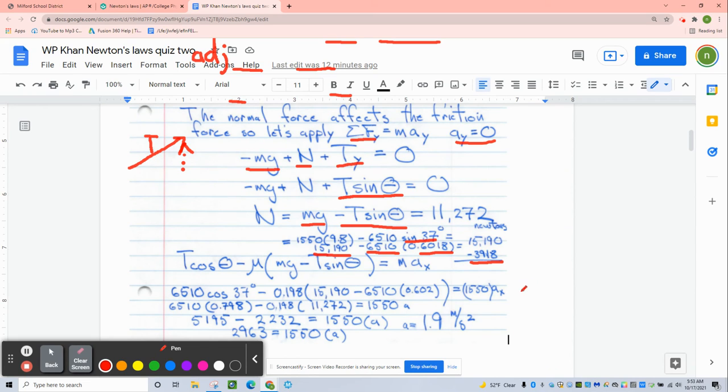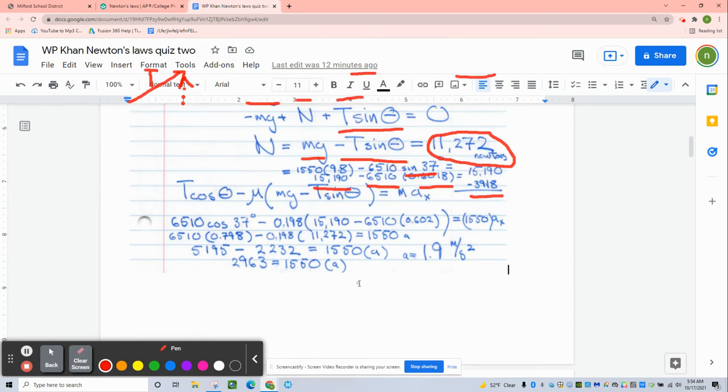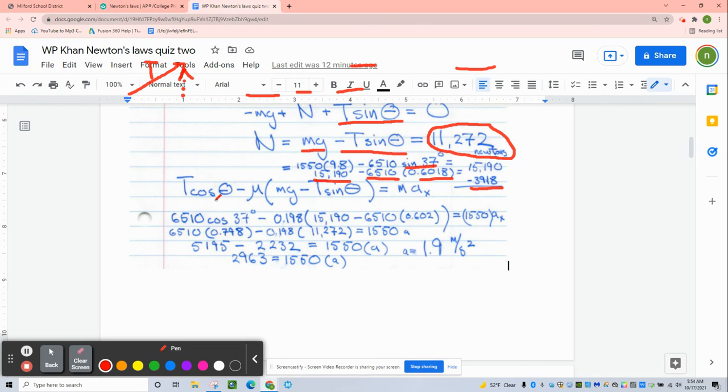And then we simply find the sum of positive 15,000, negative 3,900, and that provides us with the normal force, 11,272 newtons.